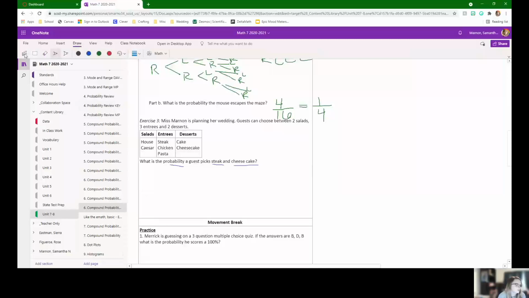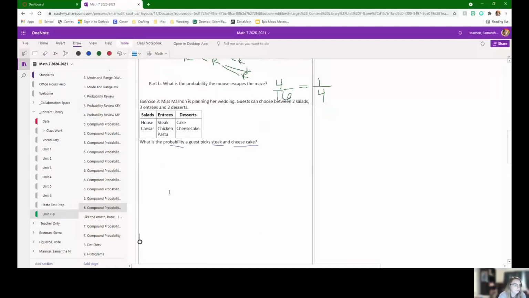Okay, so let's give us some more space because it looks like we've got a lot of options here. So they could pick the house salad or Caesar salad, and from there they could pick steak, chicken, or pasta.